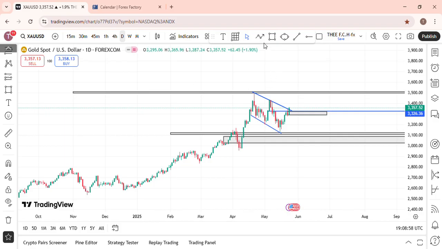Yeah, because the market now has high potential that this week the market will come to retest before we can go to 3600.